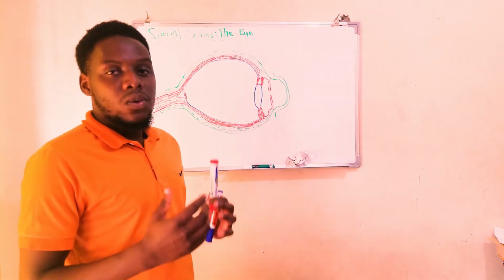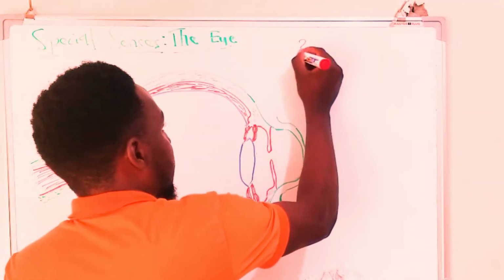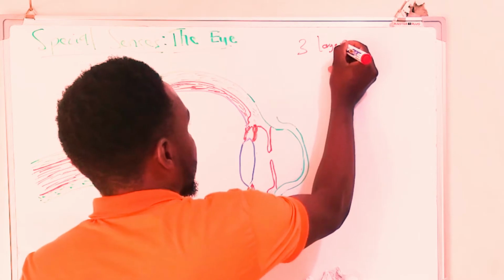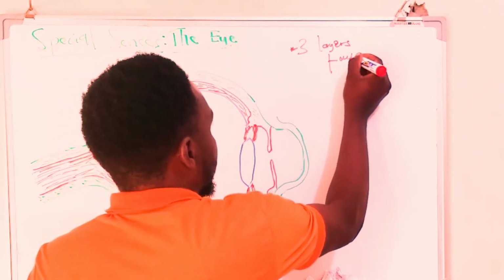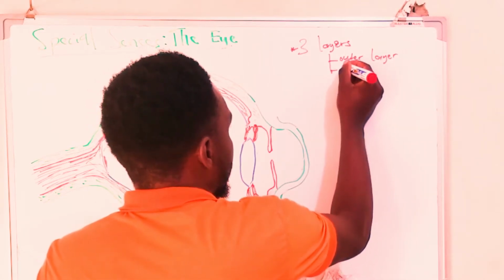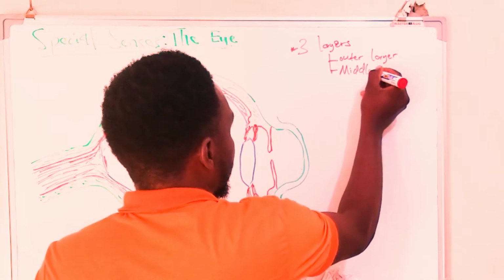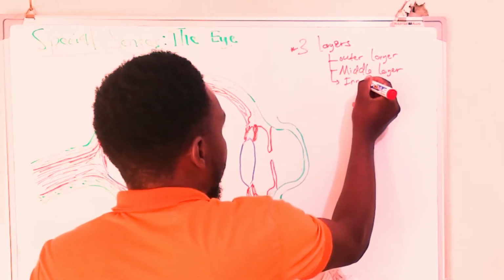So the eye is made up of three layers: the outer layer, the middle layer, as well as the inner layer.